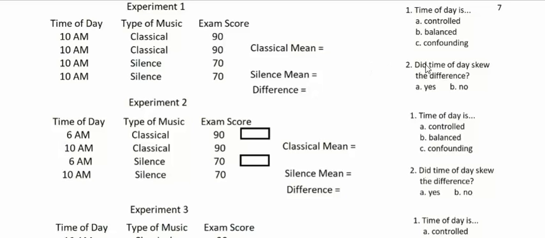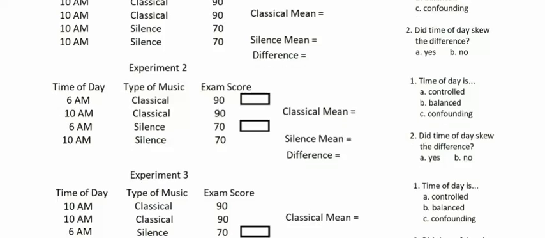So basically it's asking, did time of day make this difference inaccurate? So skew means inaccurate. So it's basically asking, did time of day cause this difference to become inaccurate? Yes or no?